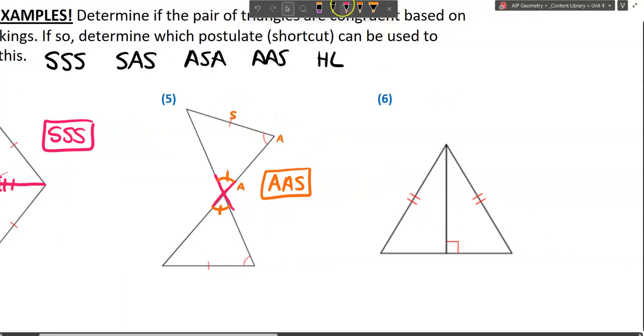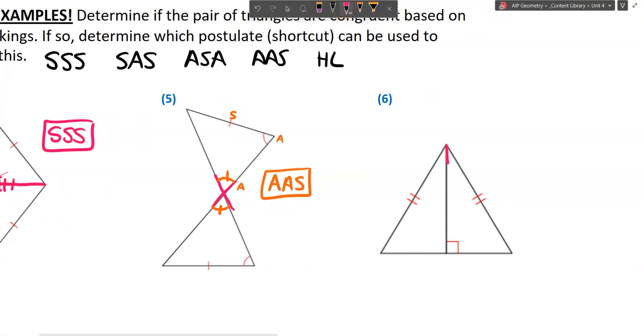And for number 6, this is the first example you're going to get to see that's different. There is a reflexive property because the 2 triangles, the left side and the right side, do share this side right here. And because this is an angle, technically over here, that's going to be a right angle as well to make a linear pair or make a straight line. So when I look at this, you might say to yourself, well, isn't this side-side-angle? And this is the one that doesn't work.